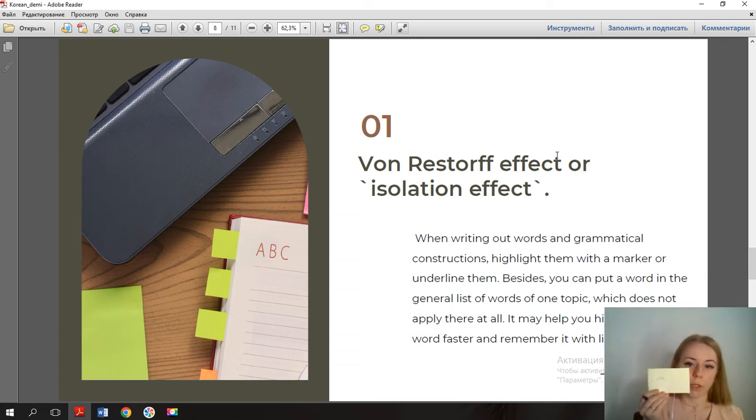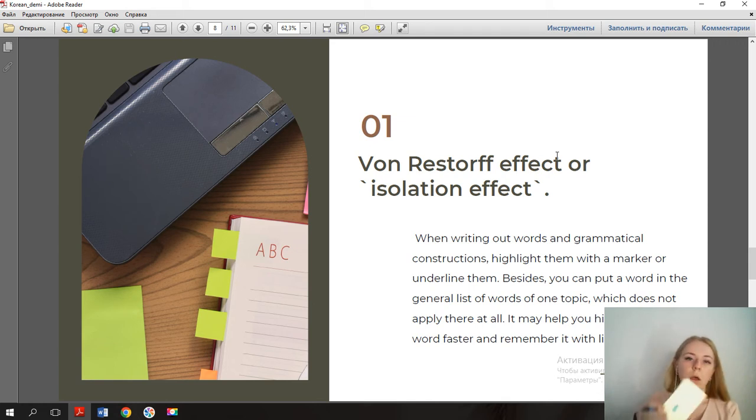You have a word, and there are many other words. In order to remember it, you can underline or highlight it. Highlighting is not as good, but underlining is better, I guess.